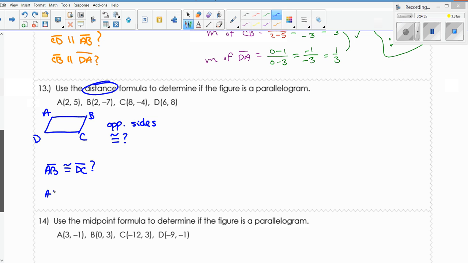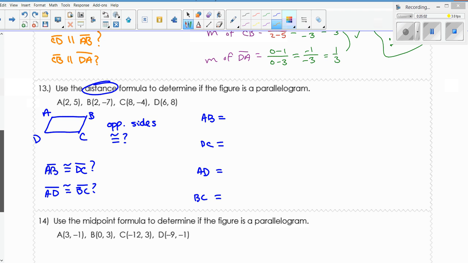Is segment AD congruent to segment BC? Okay, so I'm going to go find those distances. We go find all of those side lengths.